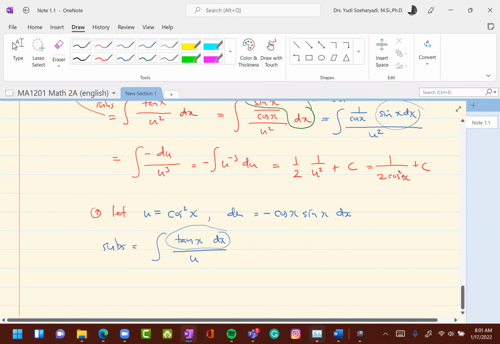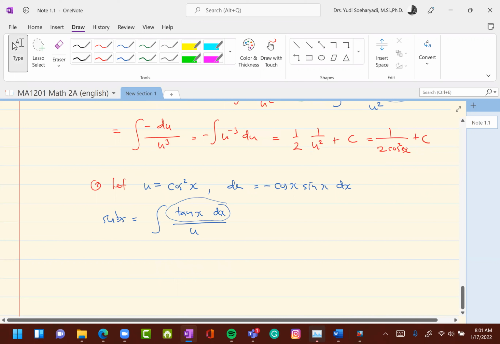So of course, we can say that tangent x dx is sine x over cosine x dx.